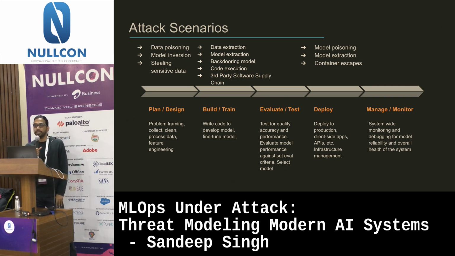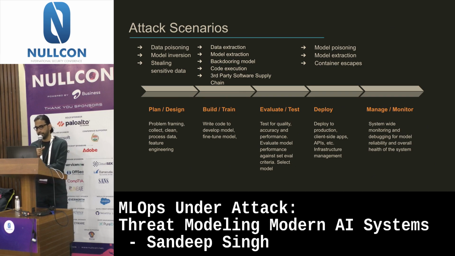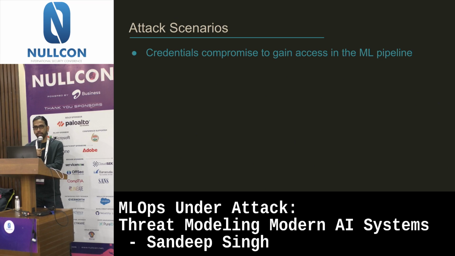And then during the deploy stage, you have things like, again, model poisoning and extraction. And if the model is getting deployed to containers, there are container escapes and things like that.